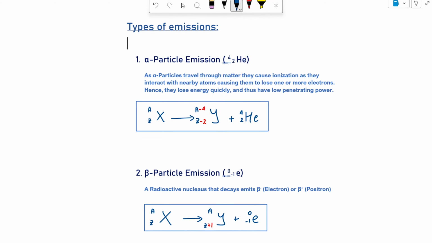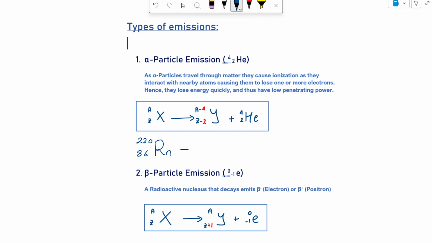So let's do an example of an alpha particle emission. We have radon 220 with a proton number of 86.